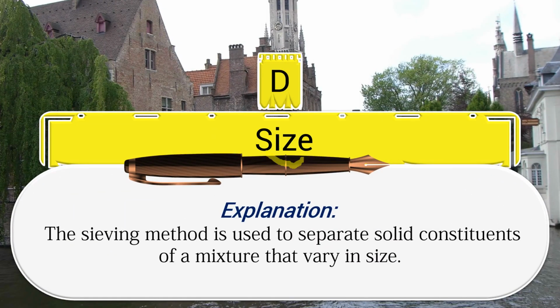The answer is size. The sieving method is used to separate solid components of the mixture that vary in size. So when we are using the sieving method, we separate the solid constituents of the mixture by using their size variation.